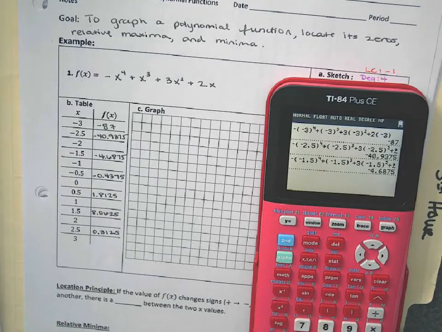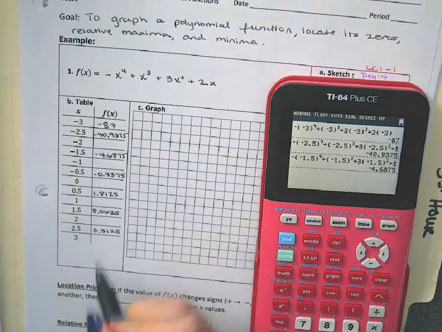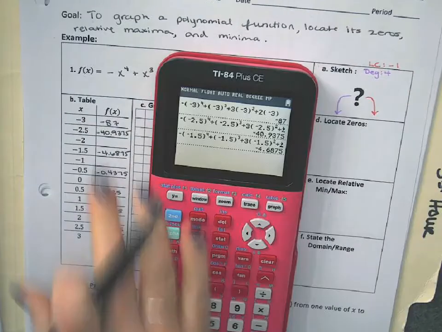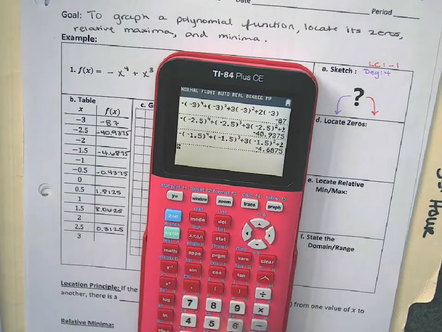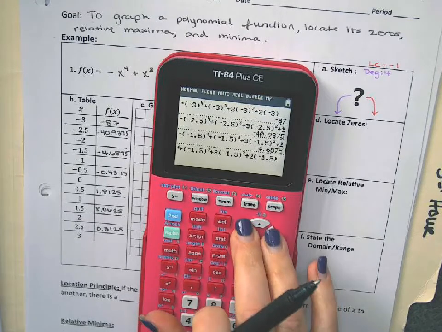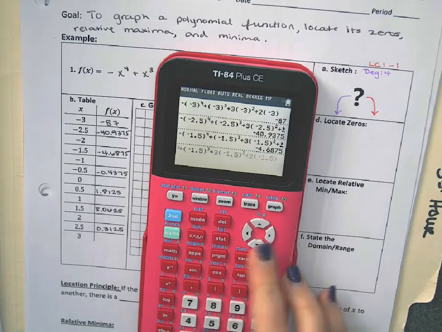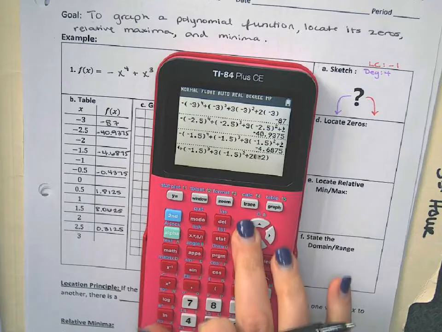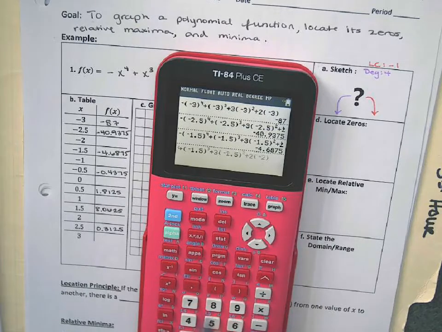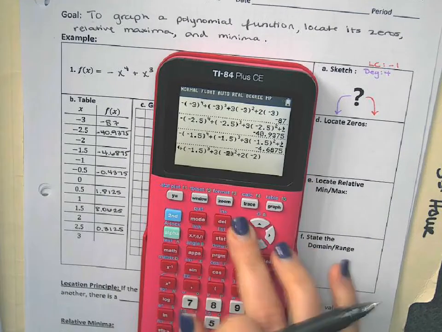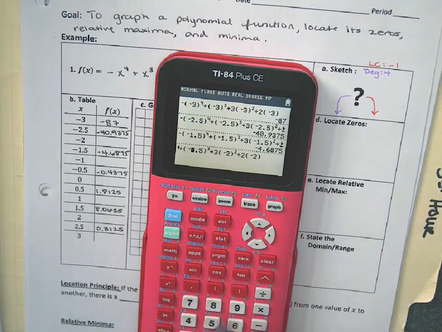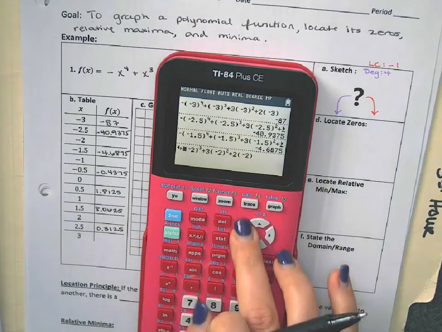Okay, so I went through and I filled in all of those ones. Now I'm going to go back and fill in the rest of them. So second enter, I'm going to fill in the -2, get rid of those extra digits. You could retype this that many times if you really wanted to.